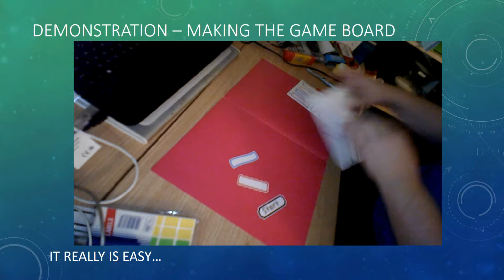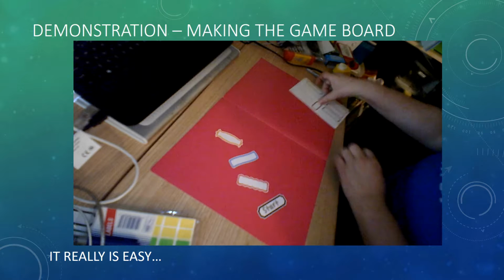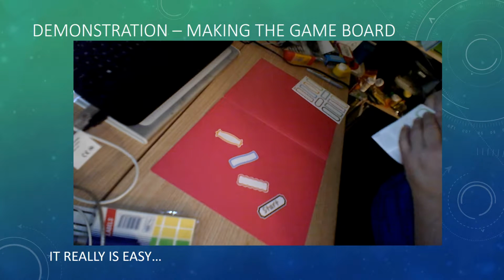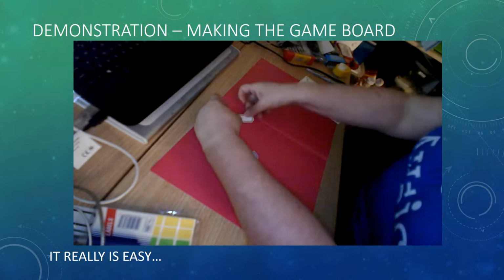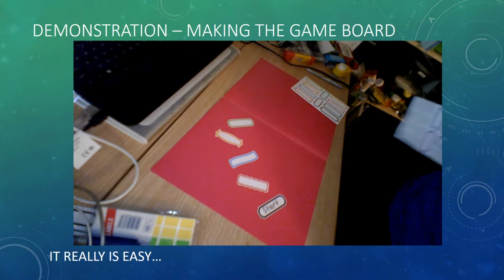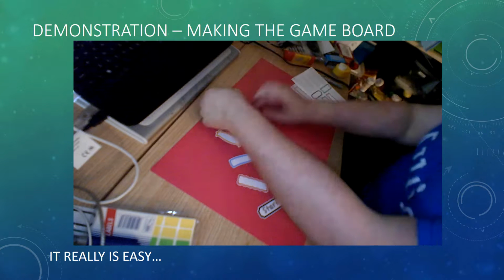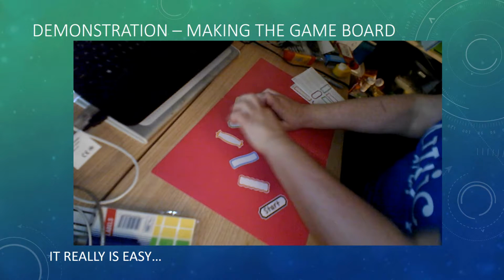And see how I'm keeping these other pieces blank? That's purposeful. I want them blank because once I laminate them, I want to be able to use them for, excuse me, a variety of games.